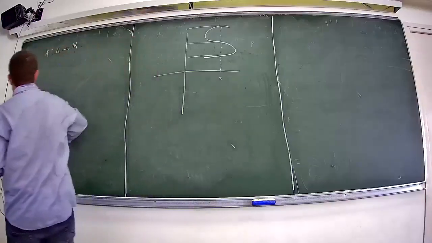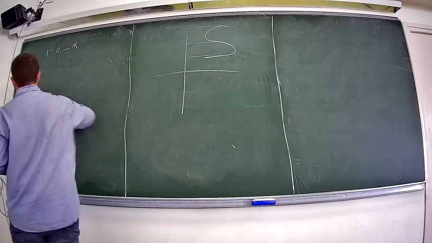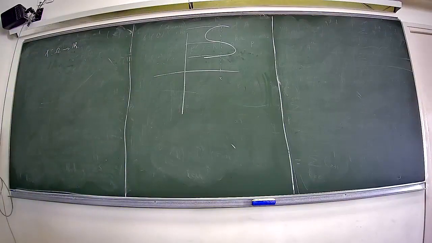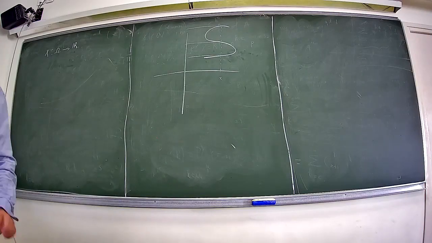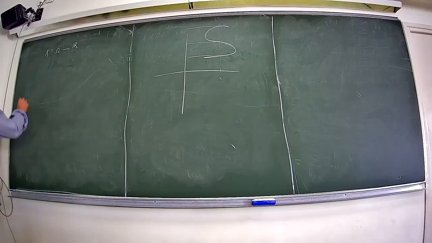Well, you want to be sure about what we are going to speak about. So I have my mapping from omega into R, and I define P of X in the following way.